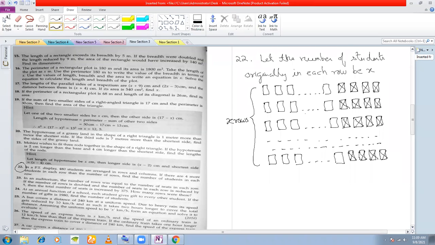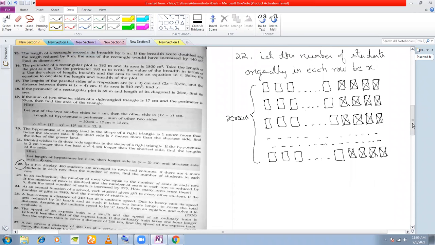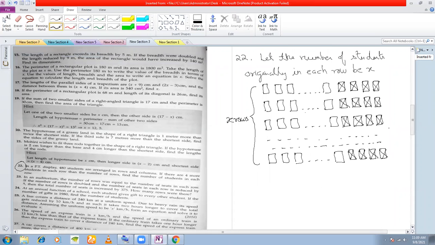Four students I have increased in each row. Because we don't know the number of columns, let me read this once again. If there are 4 more students in each row, this is 4 students I have increased, then the column here becomes how many? x plus 4, the number of columns.